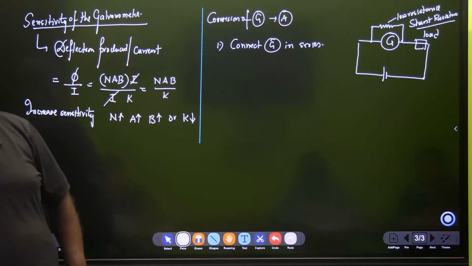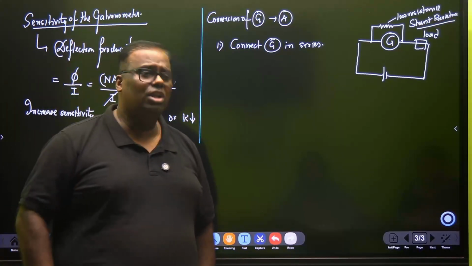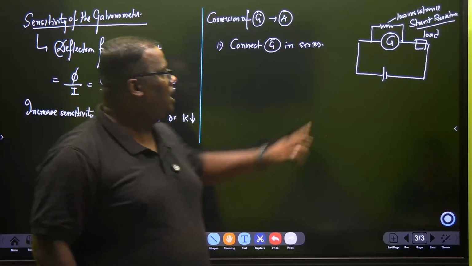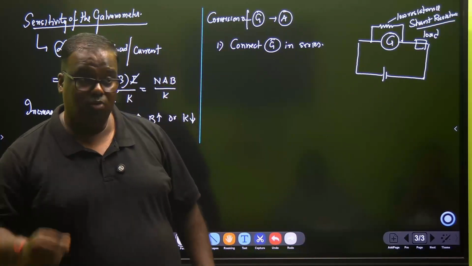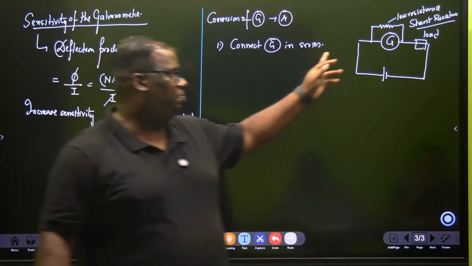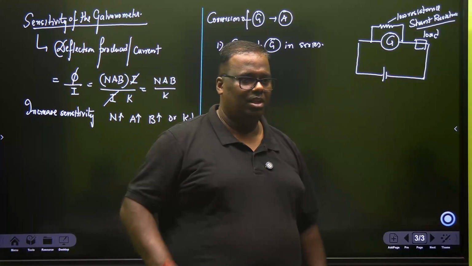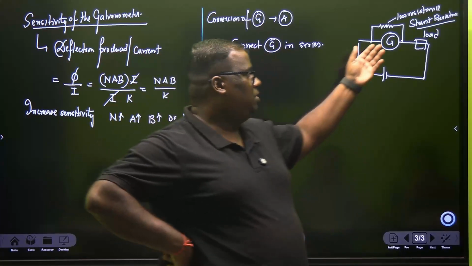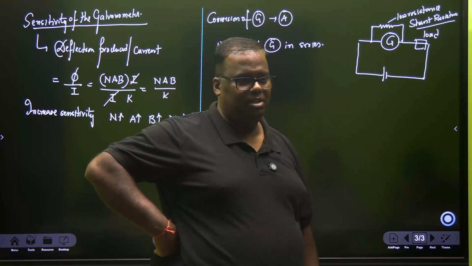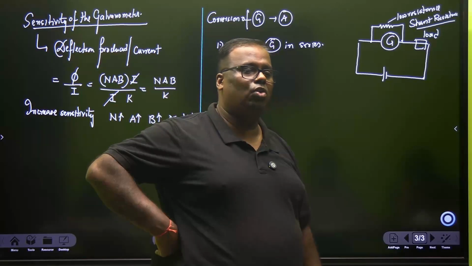A galvanometer can only measure small current. If you allow very high current to pass through the galvanometer, the coil will burn. So this you have to write: a high current will burn the galvanometer. What is a galvanometer's job, beta? To measure small current. A high current will burn the coil of the galvanometer.